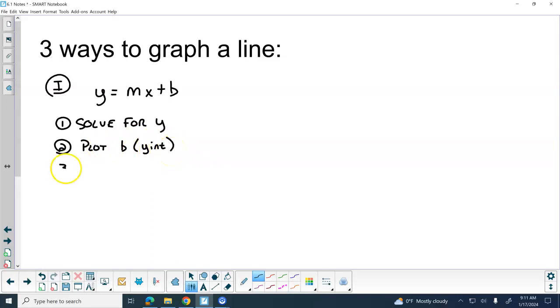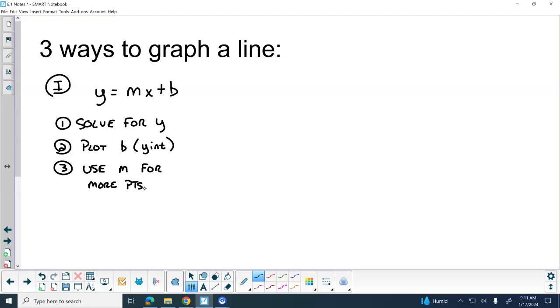And then you would use the slope to plot more points. Okay? Probably your go-to method. That is probably your go-to jam. Okay? It's mine. That's the way I graph it. Get it y equals mx plus b, plot my b, do my slope, all that fun stuff.